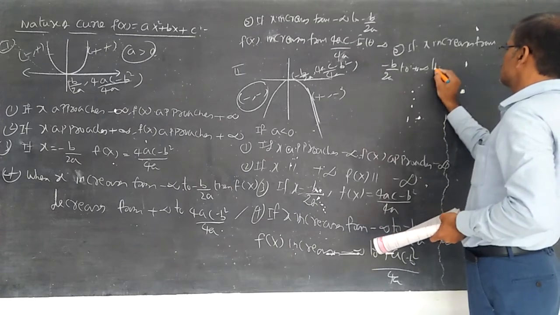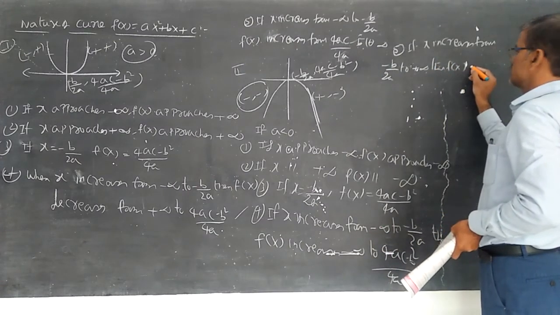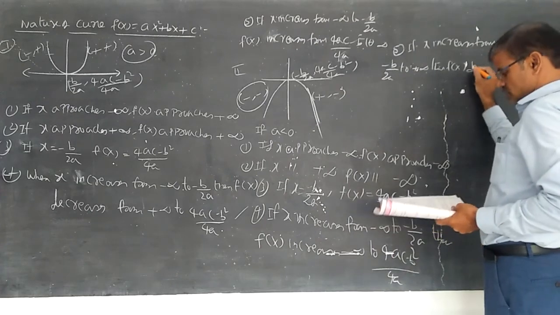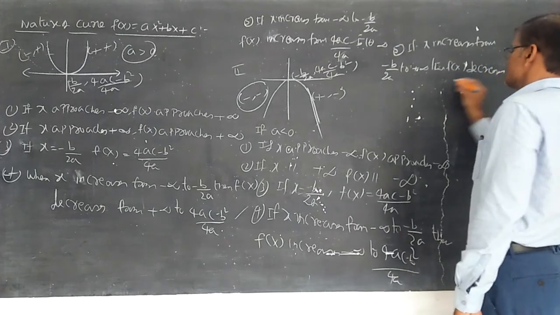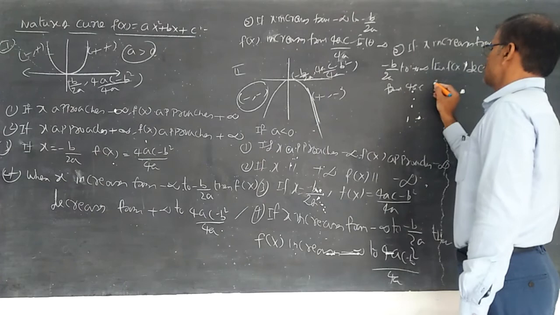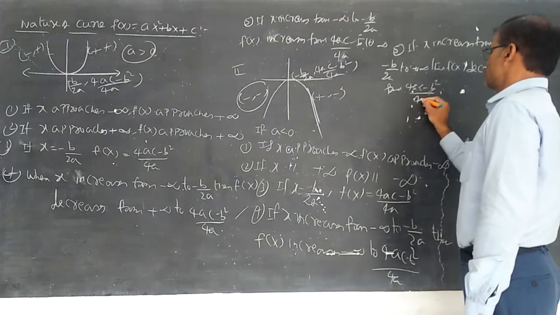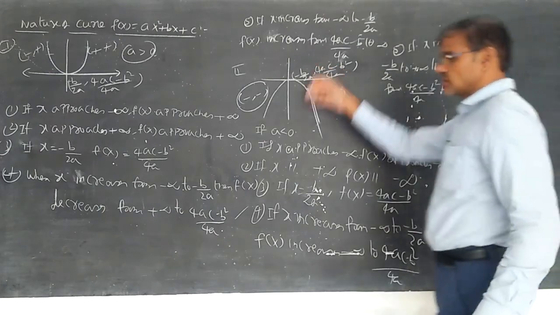Then f of x decreases from (4ac minus b square) by 4a to minus infinity, students, downwards.